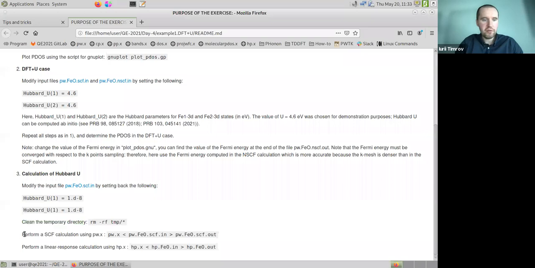What we need to do is run the NSCF calculation as before, and run the HP code, hp.x, to read this input. Since we're running on the cluster, we don't need to add the name of the output file. And instead of this symbol, we need to put -inp or -in.